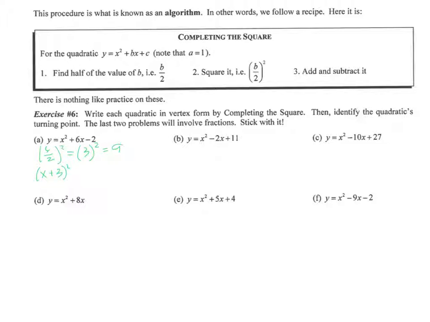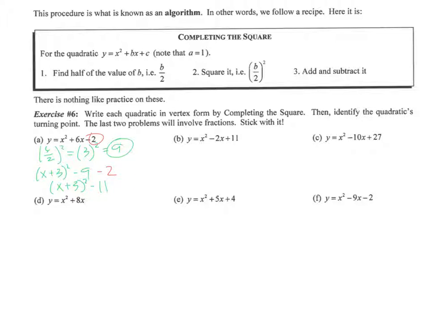So by doing that, and understanding that in order to make that 9, I need to subtract 9, because I always subtract whatever this is, and then we add on what was already here, which is negative 2. So it becomes x plus 3 squared minus 11.